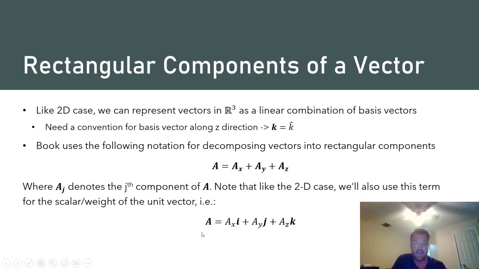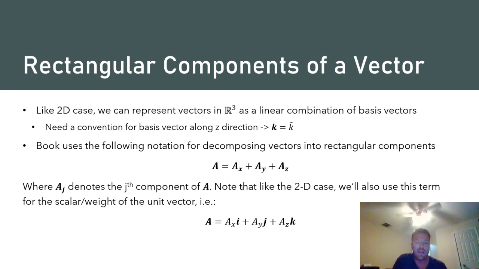You can take any vector and you can write it as a sum of vectors along each of the three axes. And since you have a unit vector along each of those three axes, i hat and j hat and k hat, you can take each of those vectors and decompose them into a pure magnitude times a basis vector. The reason that you can do this is, if you think about it, Ax is the entire vector along the x-axis.